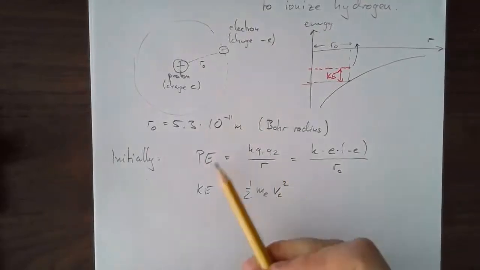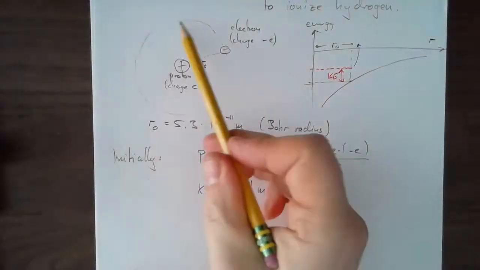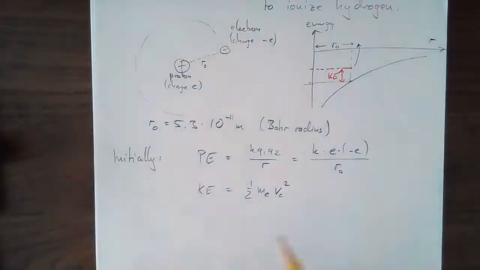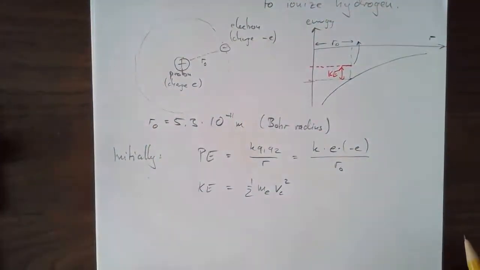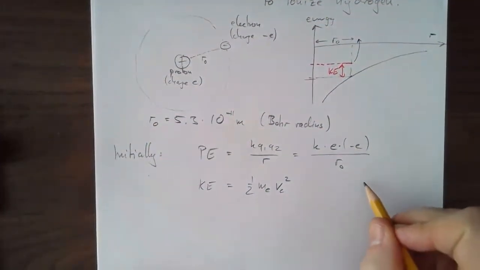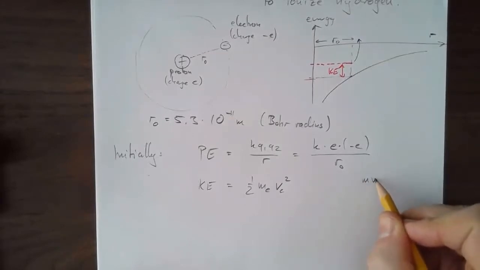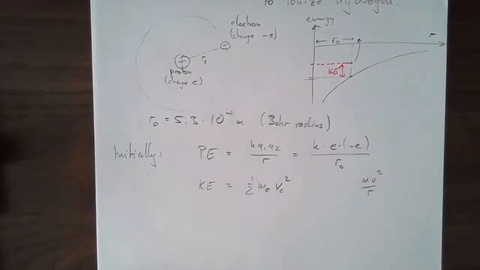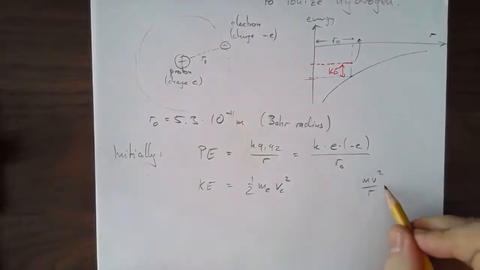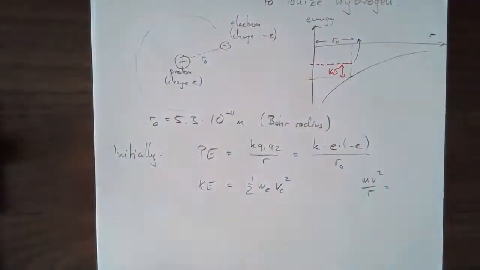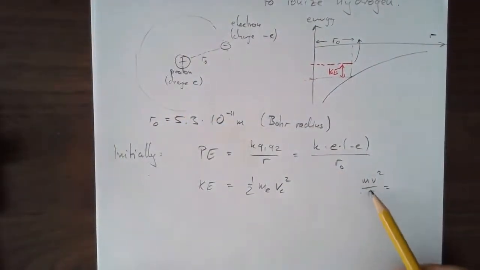Well, here's something to note about this motion. It's going in a circle, right? So circular motion. That means m v squared over r is the force. What's the force that keeps it in a circle? It's the electrostatic force. Circular motion, this is the centripetal force.